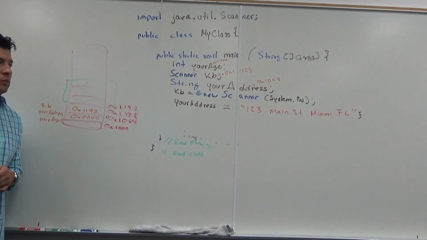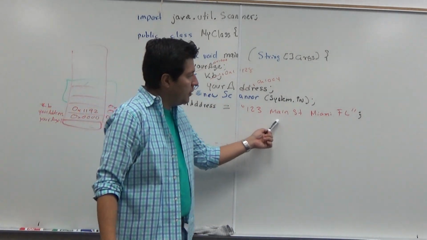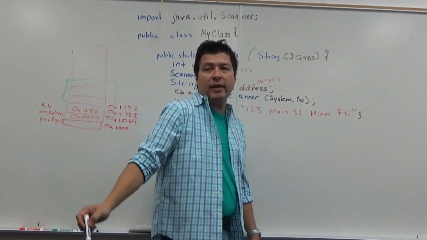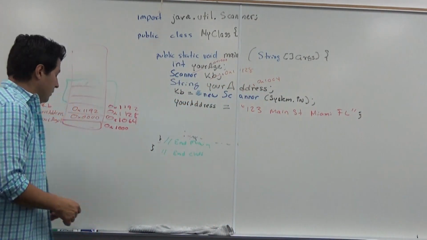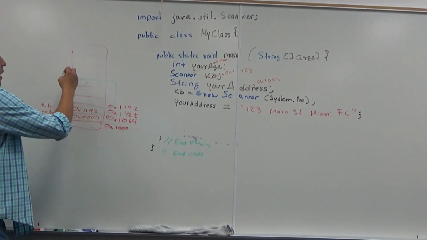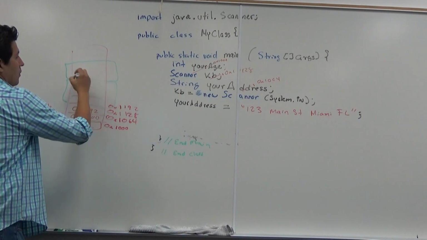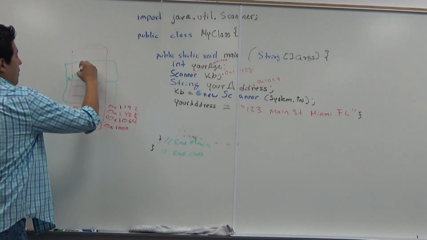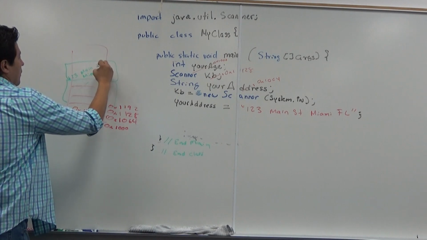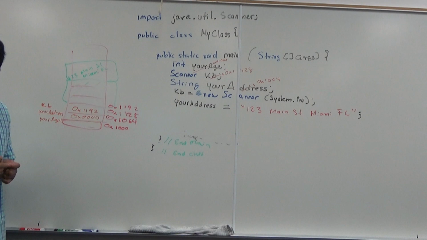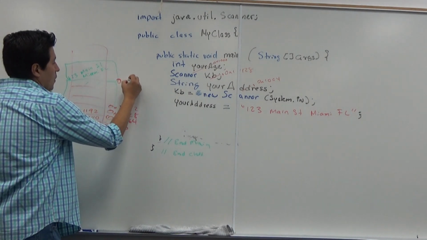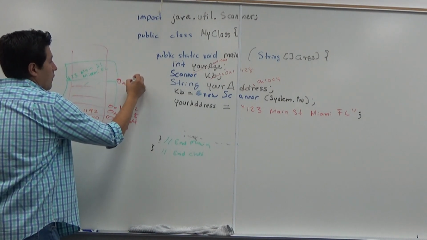So what Java does, it sees, oh, this is a string, I can count 1, 2, 3, 4, 5, 6, 7, 8, 9, 10, 11, and whatever, however many characters I need. And it's gonna allocate that. It's gonna say 1, 2, 3, Main Street, Miami. And let's say arbitrarily I'm gonna pick an address here. It's gonna be address 512.